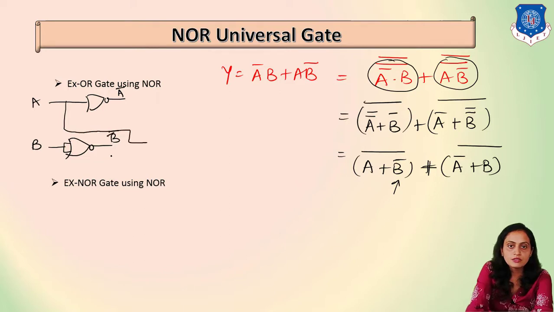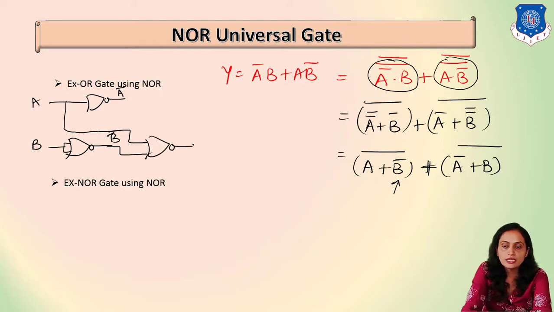This is B bar. So with this input I will put this NOR gate. So A plus B bar whole bar. So this portion is done. And now another one is A bar plus B whole bar. So I will take this B from here, this is A bar plus B whole bar.